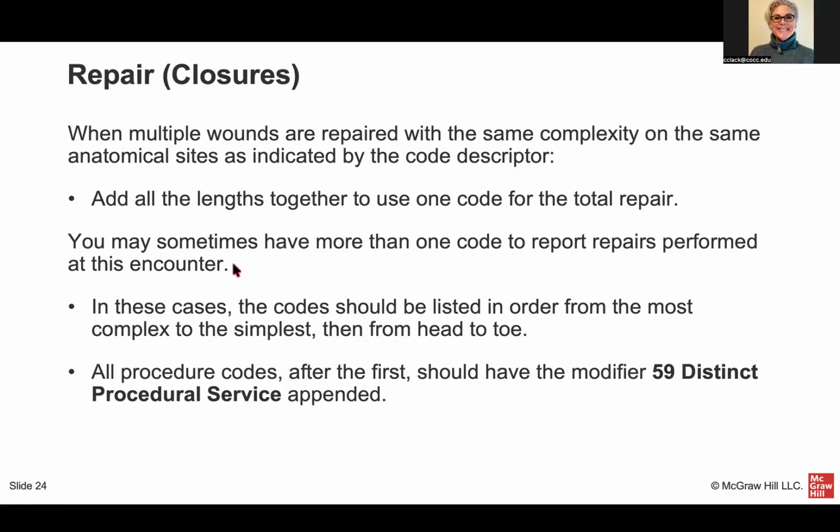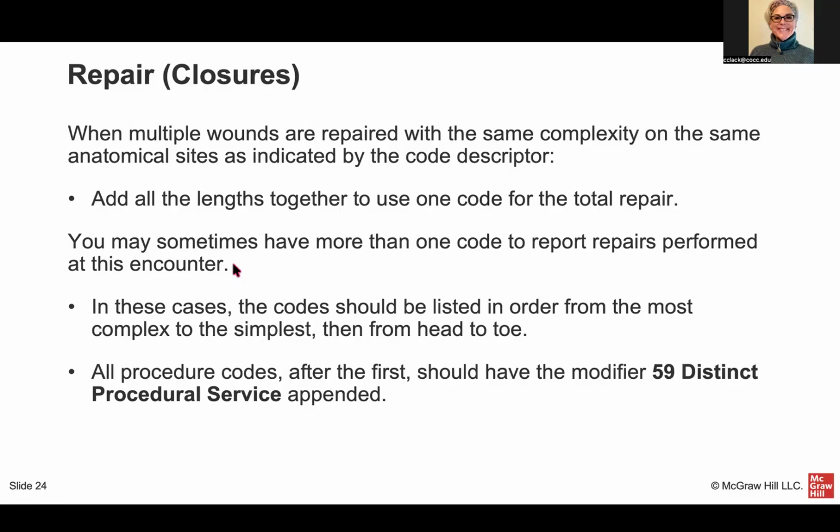So let me say that again. If a person comes into the ER, has a simple repair on the forearm and then a simple repair on the upper arm, they're both simple. You add up those numbers and you get one code.